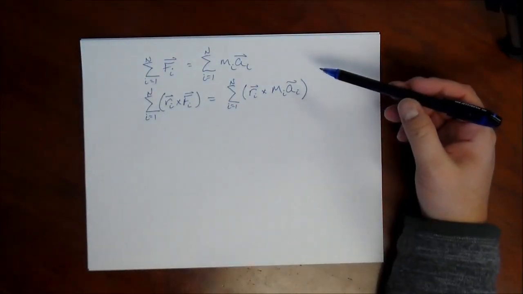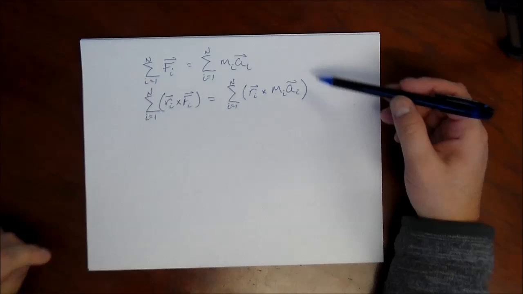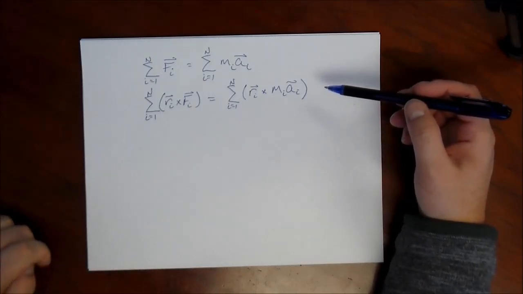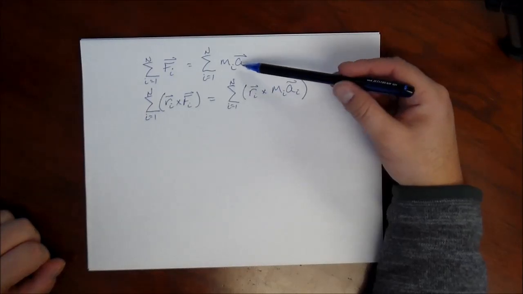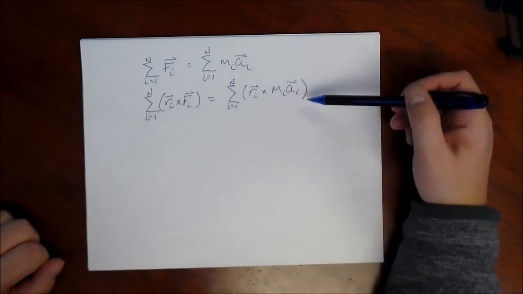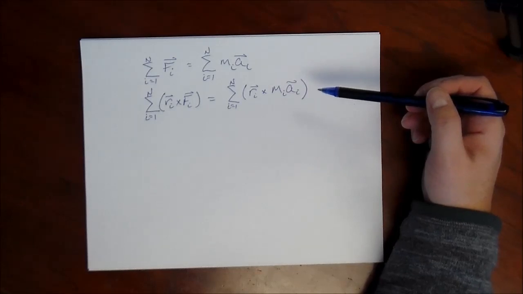So this is a set of equations, two equations for the entire system. This one says that the sum of all forces acting on the system equals the sum of all its masses times accelerations, and similarly for the moments.